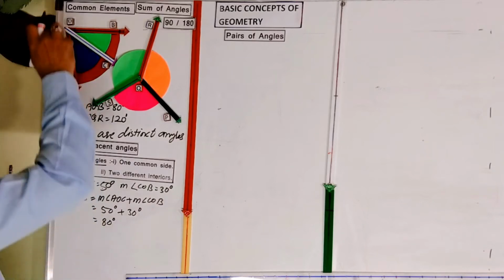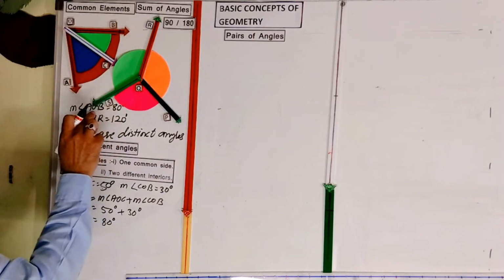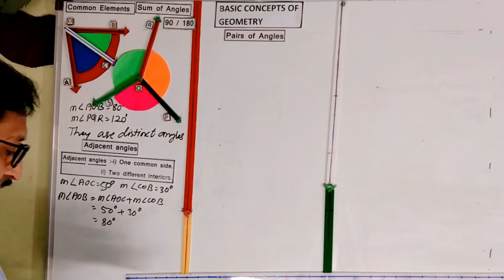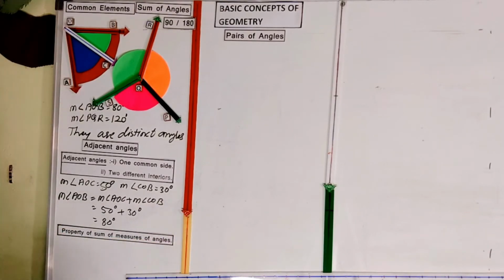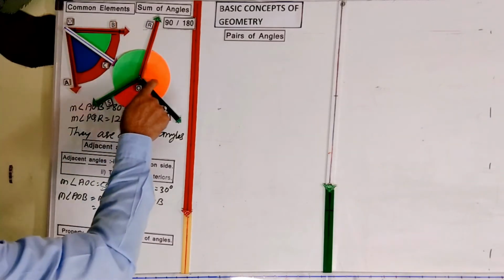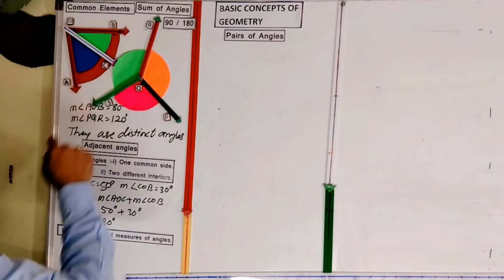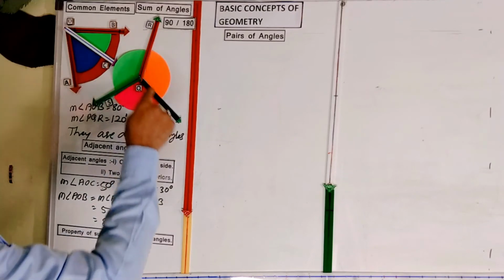That means the measure of this angle AOB was 80 degrees. This is said to be the property of the sum of measures of angles. That means, suppose we add these two angles, we will get the measure of angle SQP.